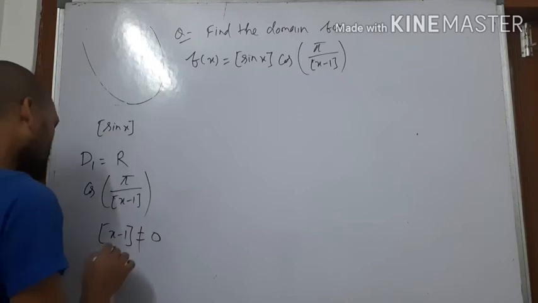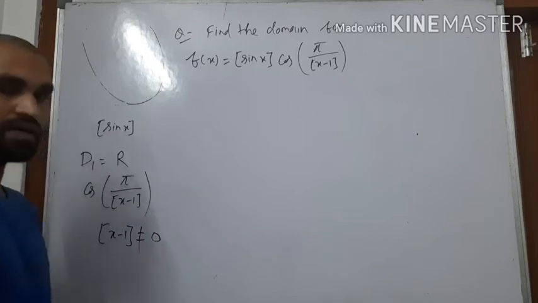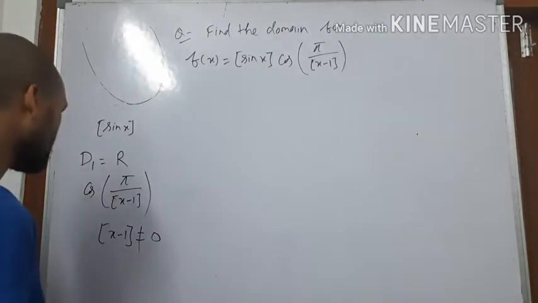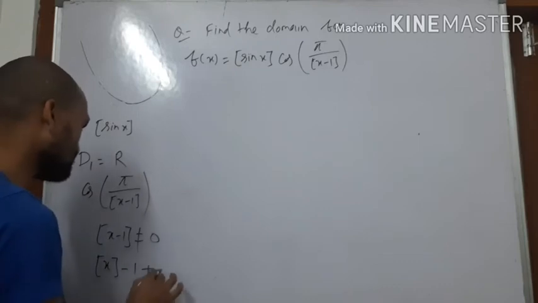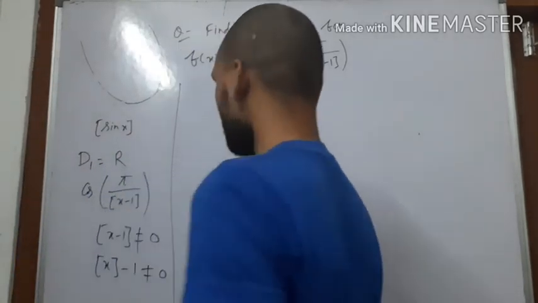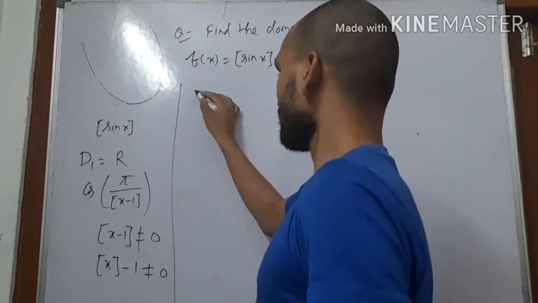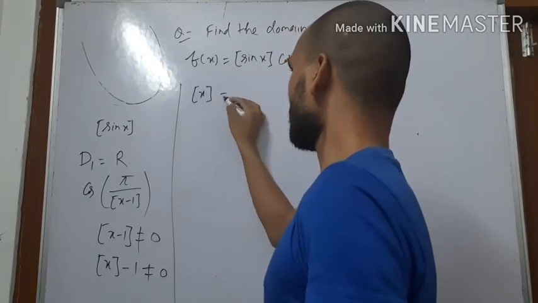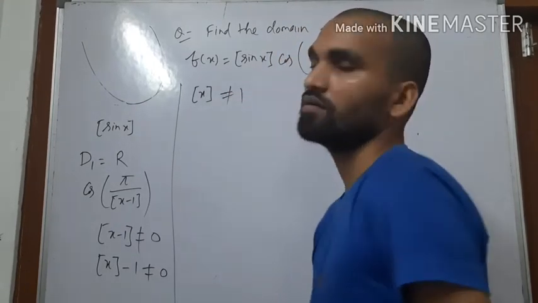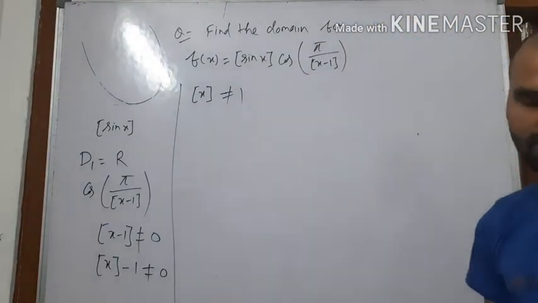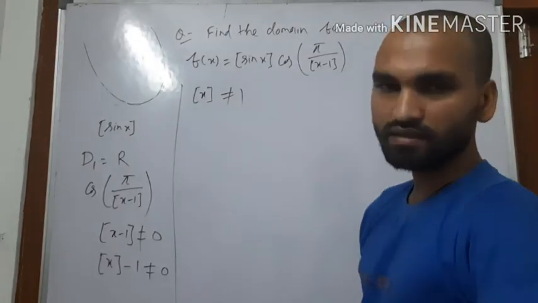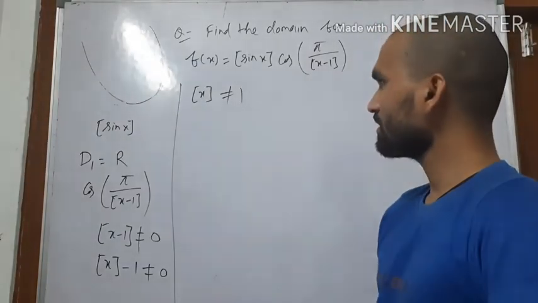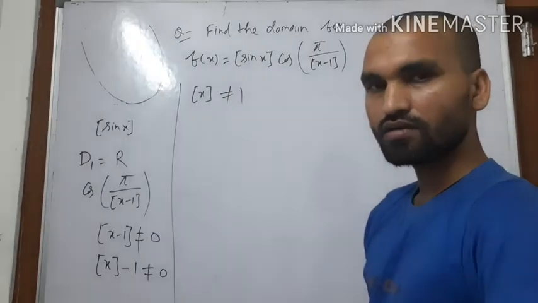We know that we can take an integer value outside of the greatest integer. So after that it will be greatest integer of x minus 1 not equal to 0, so the greatest integer of x is not equal to 1. Now we should observe the possible values for which the greatest integer is 1.